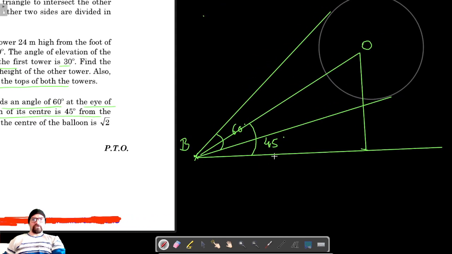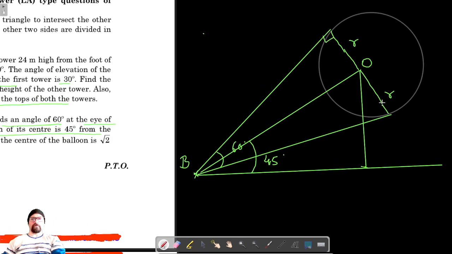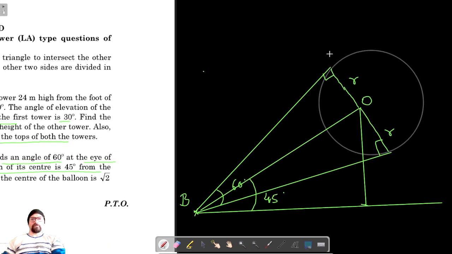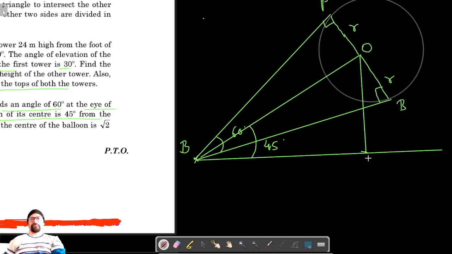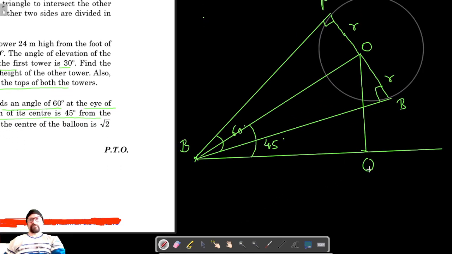Now if I join this with the contact point here, this is the radius. This is also the radius, and we know that the radius is perpendicular to the tangent at the point of contact. So let me give these points P and B, and let's say this point is Q.